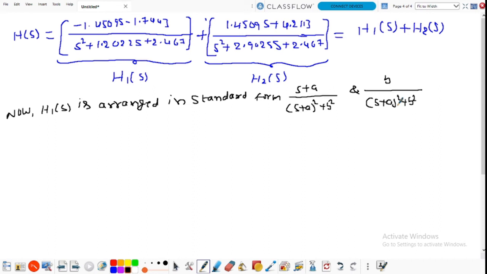First reducing H1 of S, and after that simplifying and calculating H2 of S.